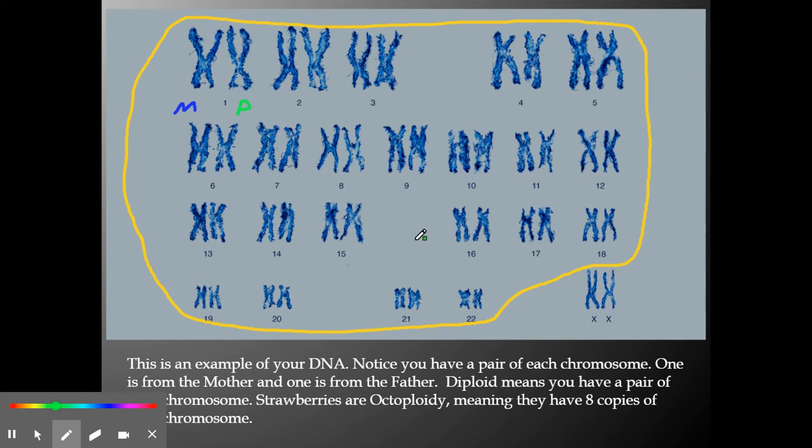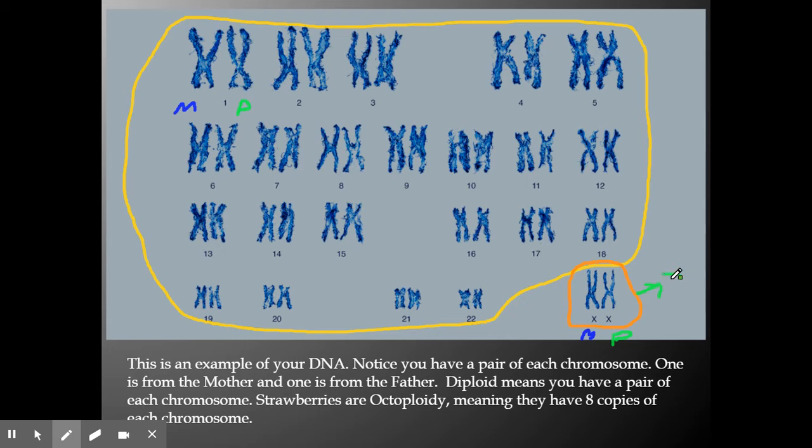Okay? And then this very last pair over here, these are your sex chromosomes. Again, one from mom and one from dad. Okay. These things determine, how do I want to say, what's the word for it?